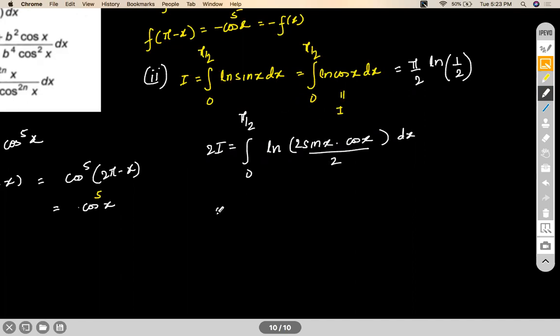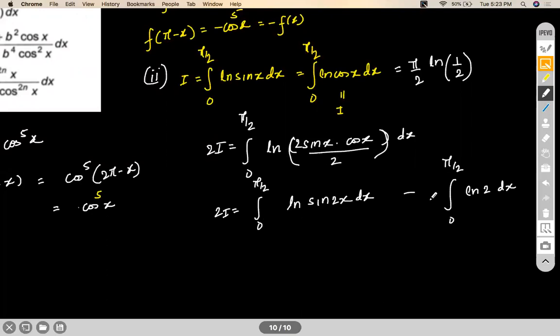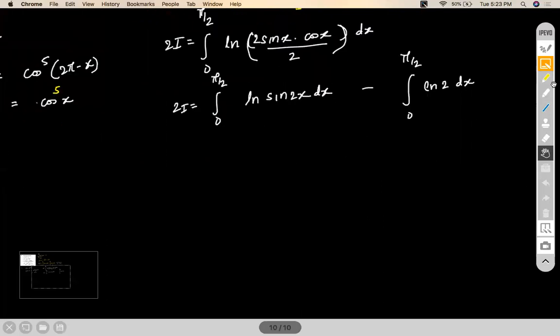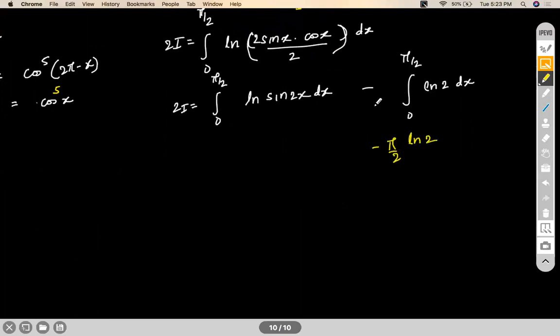Multiply and divide with 2. So this will become the integral from 0 to pi by 2 of ln sin 2x minus the integral from 0 to pi by 2 of ln 2. Okay, so I've again used my log properties here. Log a by b is log a minus log b. This result is quite simple. You can write directly minus pi by 2 ln 2, nothing to worry.